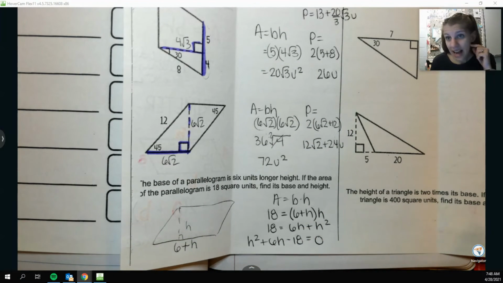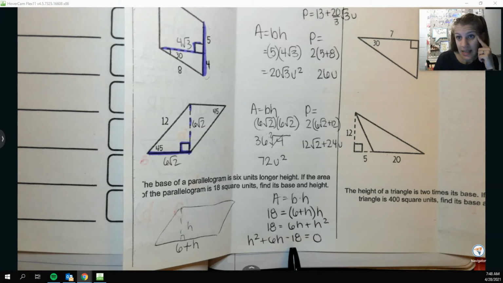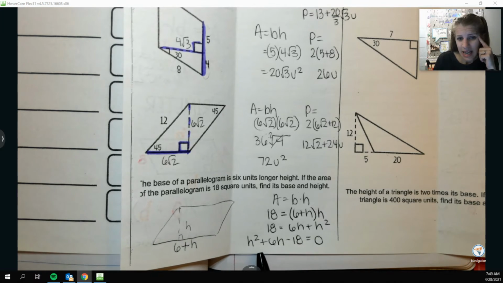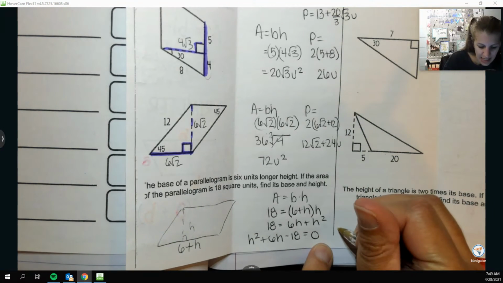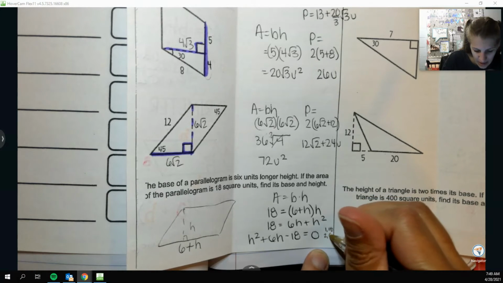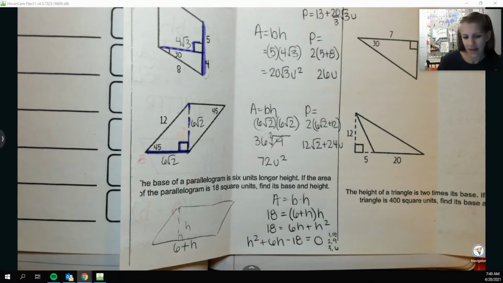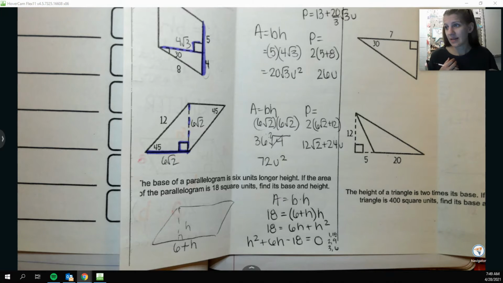The way that we factor is we think, what multiplies to negative 18 and adds to 6? Well, stuff that multiplies to 18 is like 1 and 18, 2 and 9, 3 and 6. And I feel like nothing is going to get me 6 there.